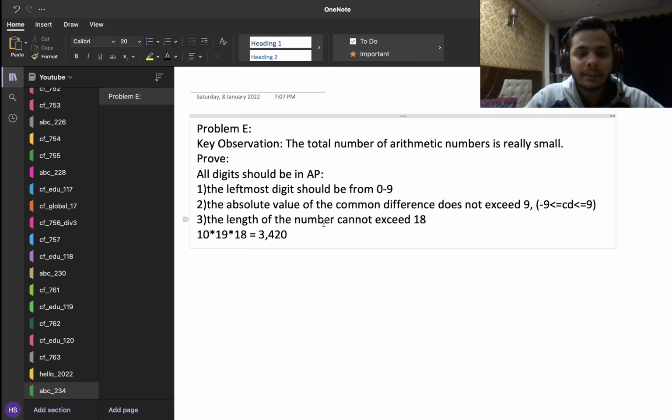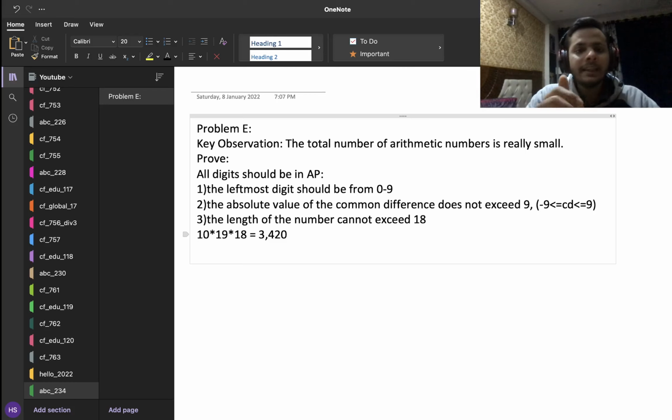That leads to a number 3420, and this is just a very rough upper bound. The actual number of sequences is in fact smaller than this. So in a way we have proved that the total number of APs would be around 3420, which means we can successfully generate all of them.